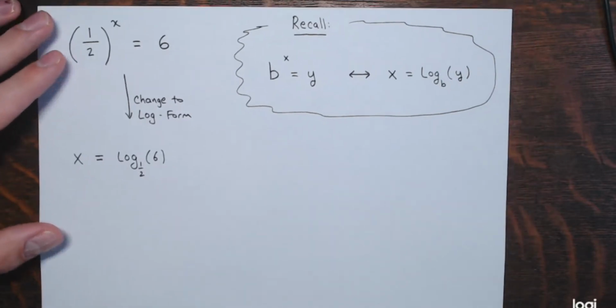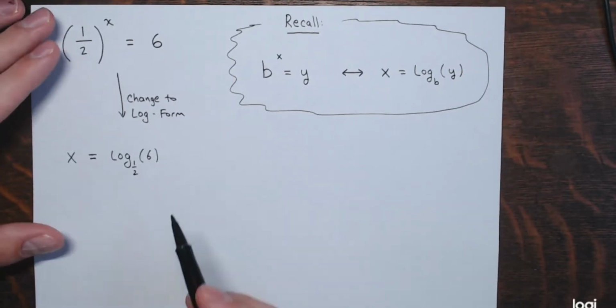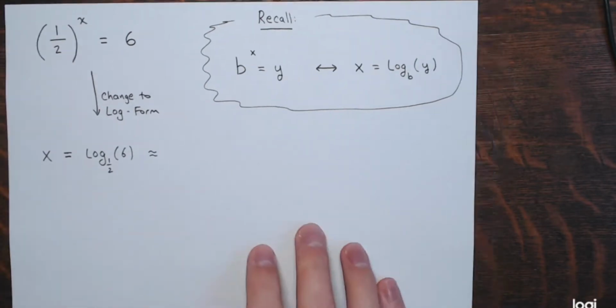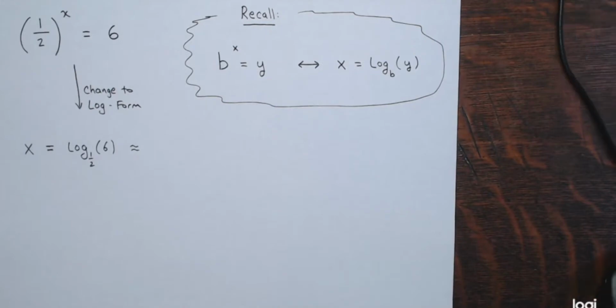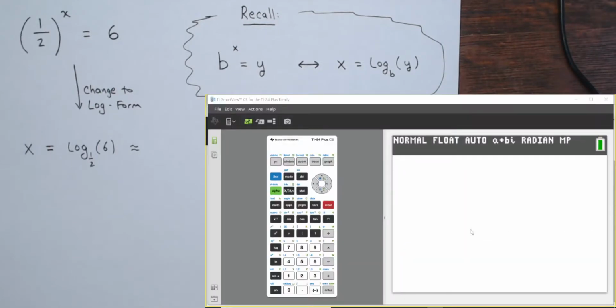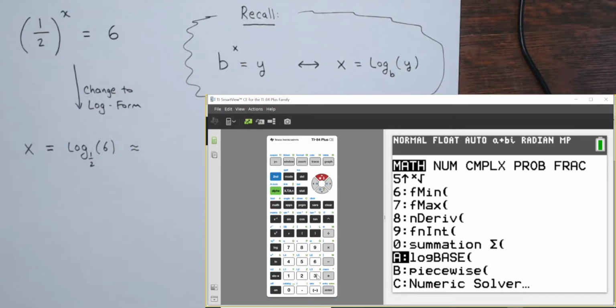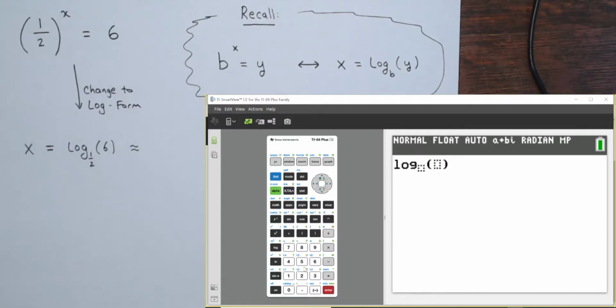Now I have a particular calculator that you can actually just enter this the way it looks. I'll pull that up. I have a TI-84 Plus emulator. So here that is. And on the TI-84 Plus, if you hit the math button and scroll down, you'll see this log base, where you can enter any base you wish. This has a base of 1/2.